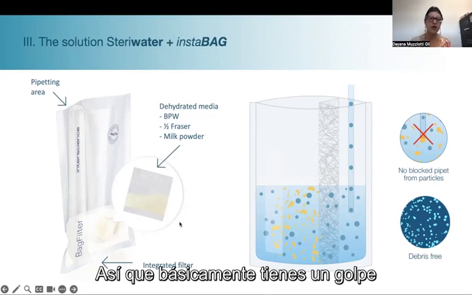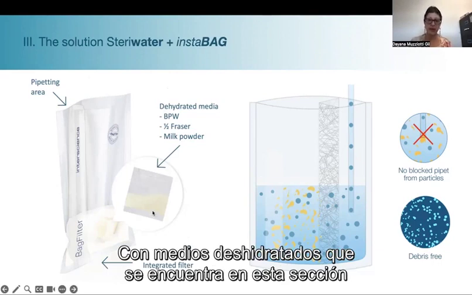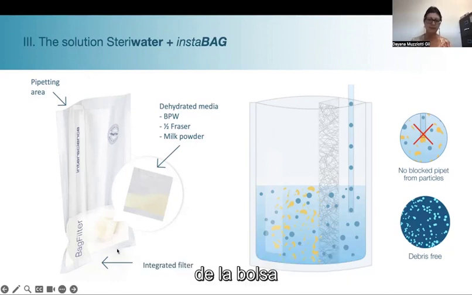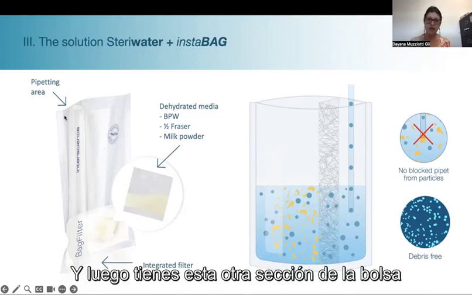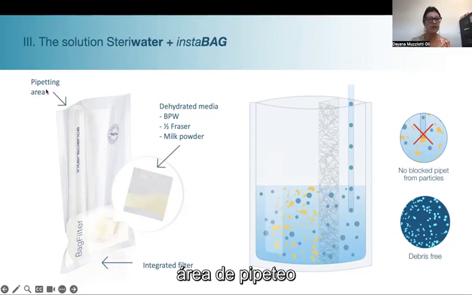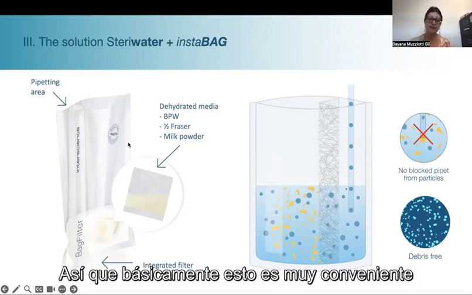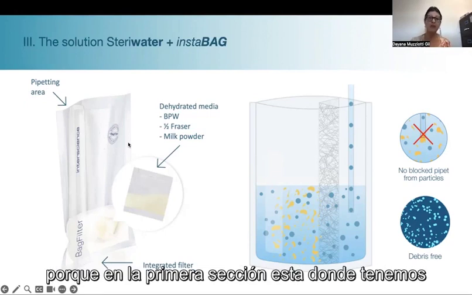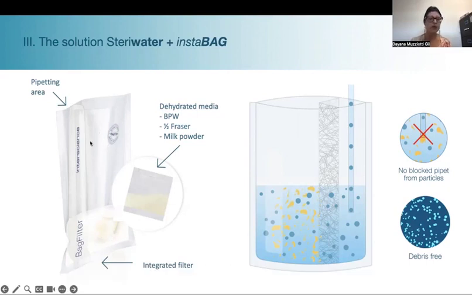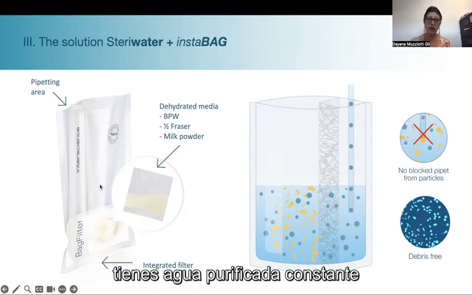So basically, you have a pouch with dehydrated media that is located on this section of the bag. Then you have a filter, and then you have this other section of the bag that is the pipetting area. So basically, this is a very convenient bag, because on the first section, this one where we have the dehydrated media, you just add water, sterile grade purified water.